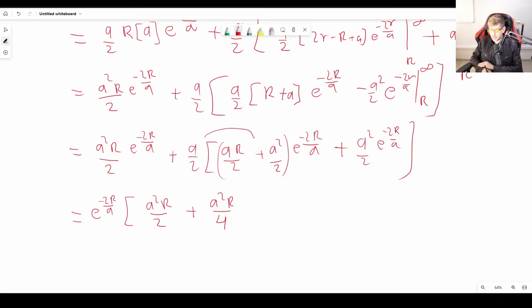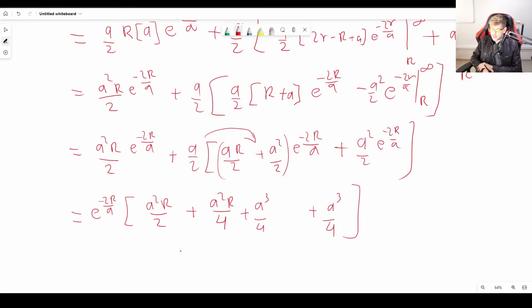Then in the next one, we have a cubed over 4. And finally, we have plus a cubed over 4 as well. Correct? I think so. Okay, yeah, I think it is correct.